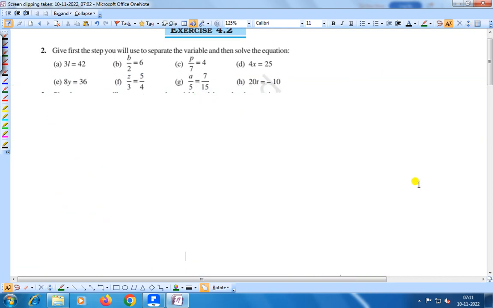Now, question number G is a by 5 is equal to 7 by 15.